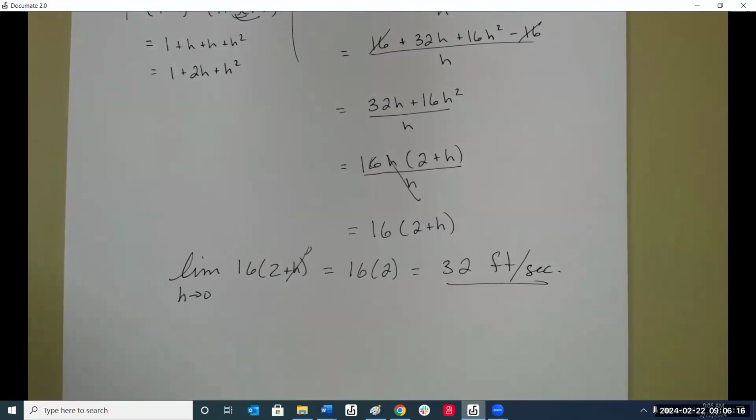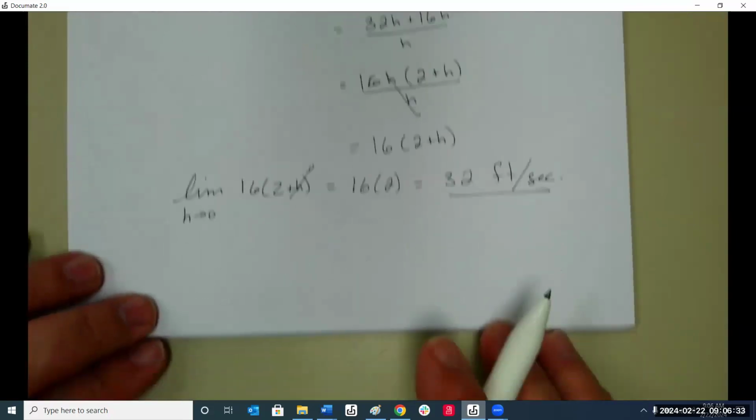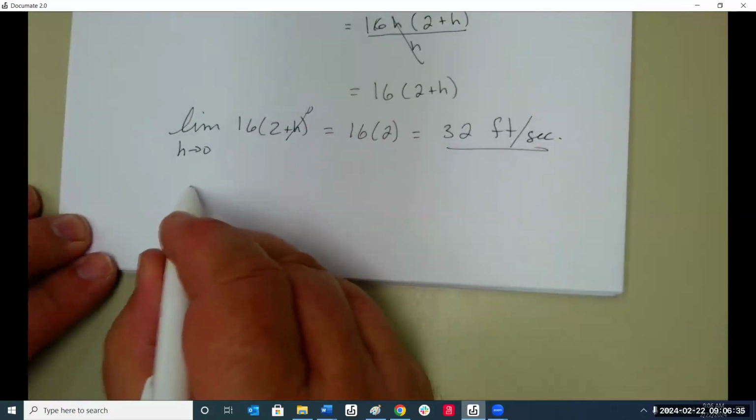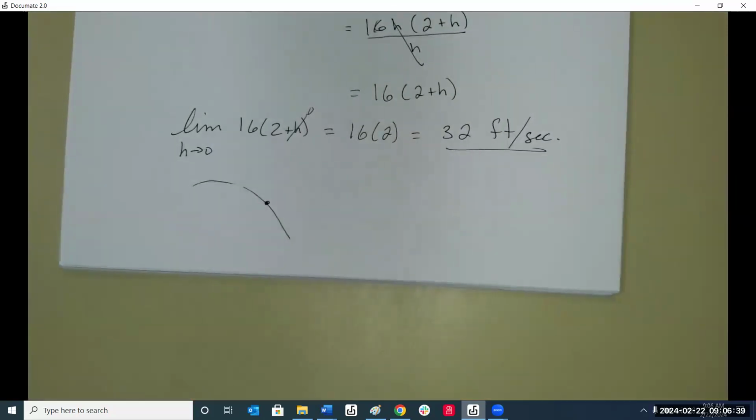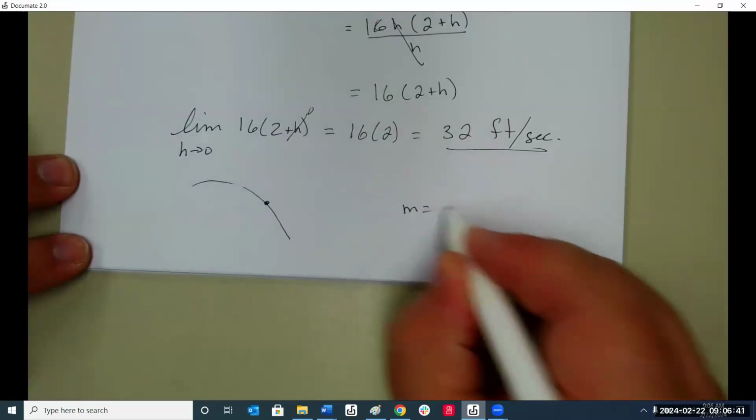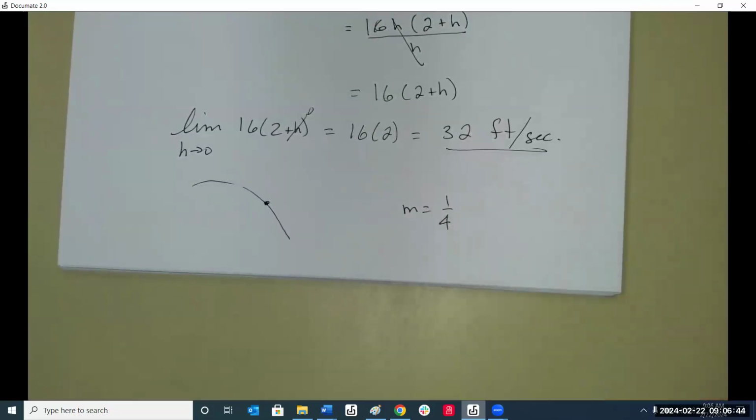So looking at your sheet, I gave you the summary also on how to do these. If you can, always graph your picture first of the function. It'll help you determine whether your answers are right or wrong. Because if our graph looks like this, and we're looking for that point, and you come up with a slope of 1/4, what can you tell me about that?